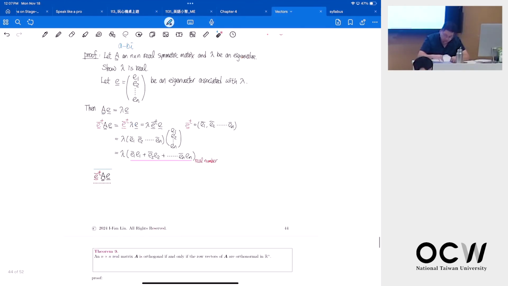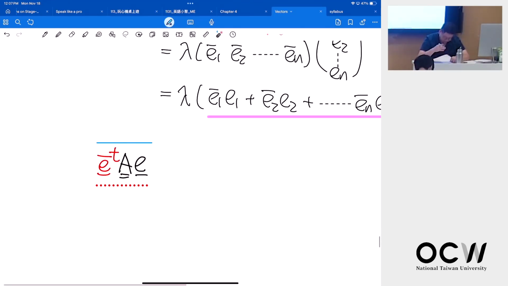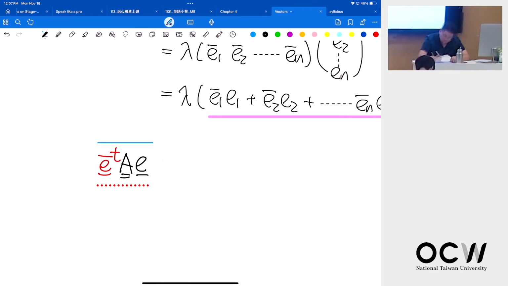So here I can change that to the product of conjugates, where each one I take the conjugate.